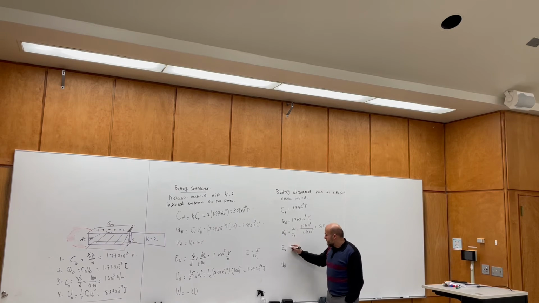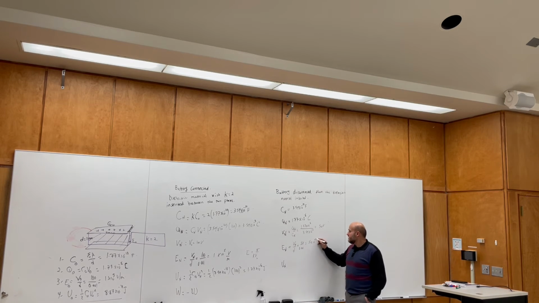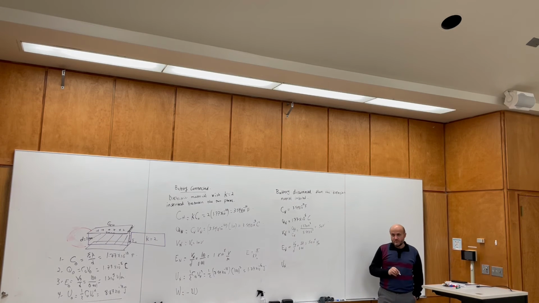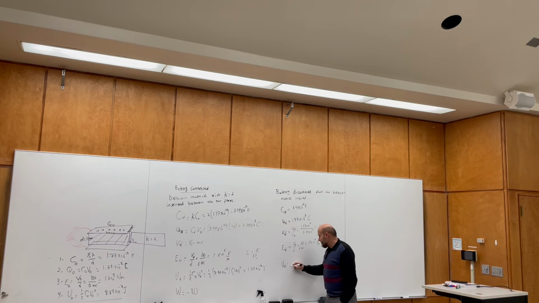And for the electric field, it is the new voltage over the distance, which is 50 over 0.01, and that is 5 times 10 to 4 volt per meter. So the electric field decreases. And for the energy, it is half C nu V nu squared.